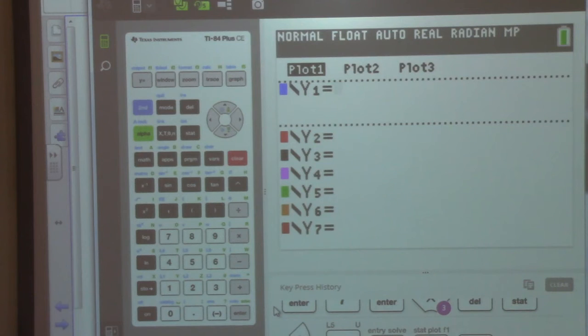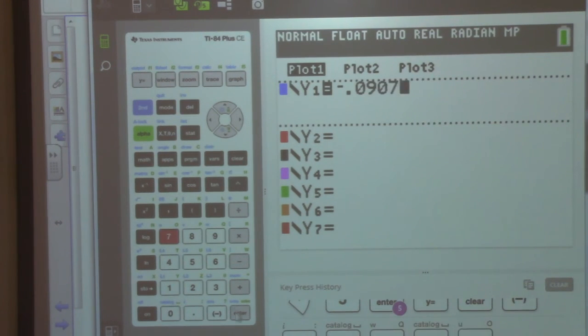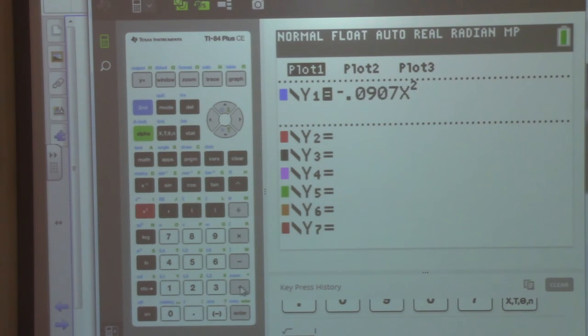So would you get negative what? 0.0907, okay. X squared plus 7.836 x, and then minus. And the last one was negative 136.684.